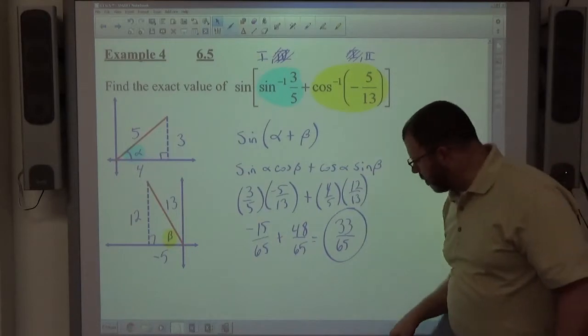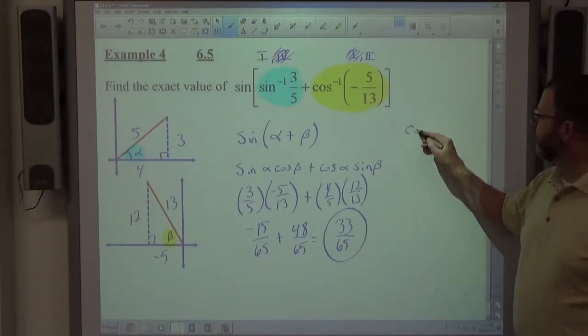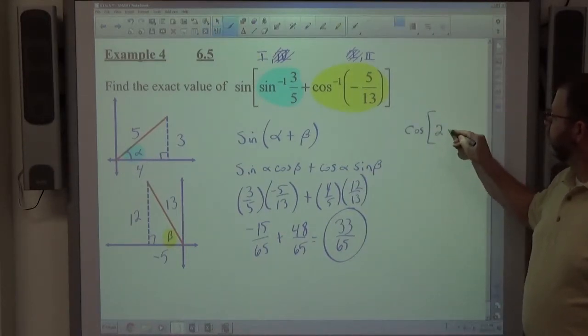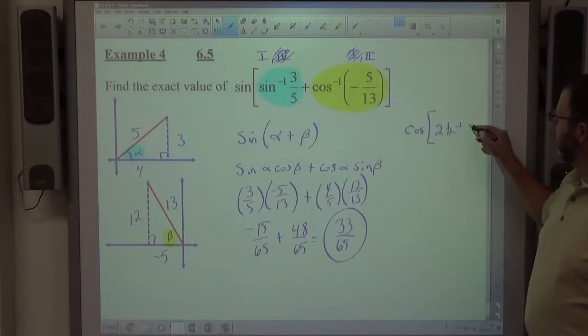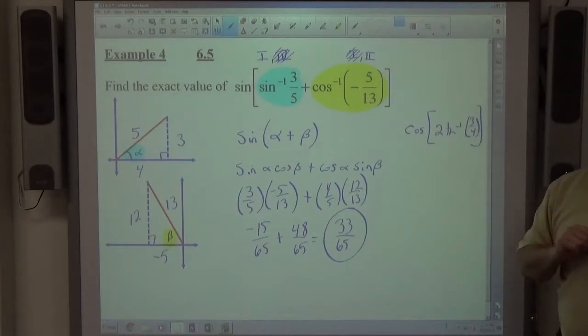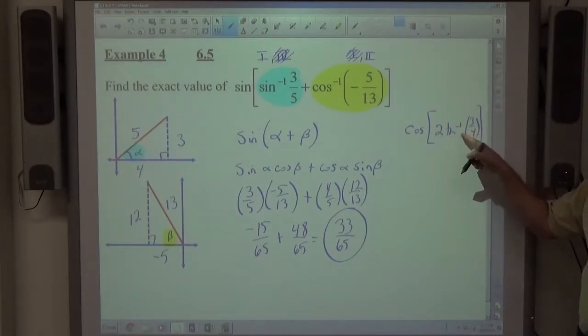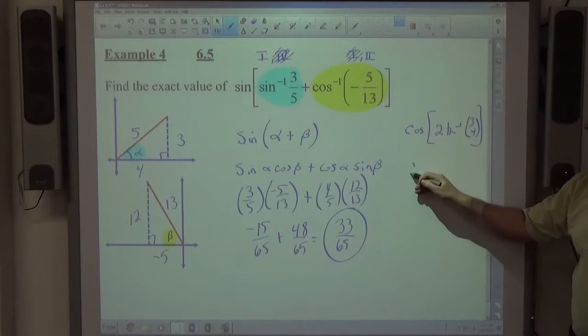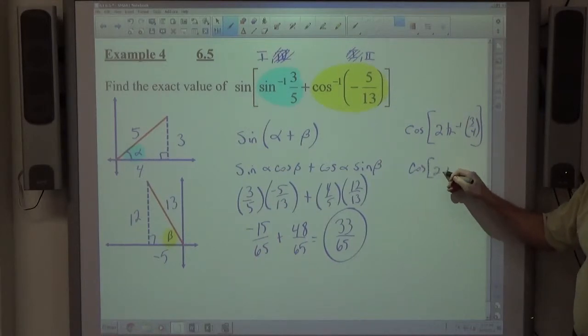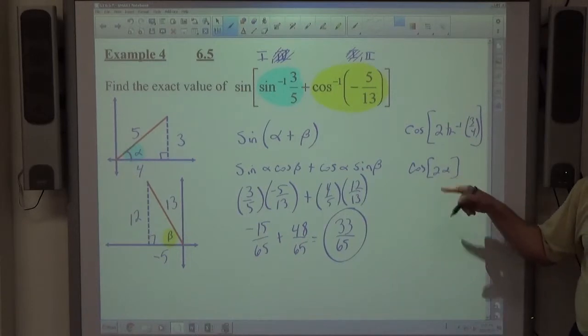If I saw a problem that says cosine of 2 inverse tangent of, let's say, 3/4. Okay, this is an angle, right? So basically that's just cosine of 2 alpha. Cosine of 2 alpha is number 36.